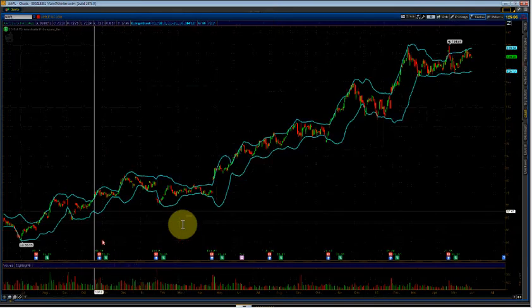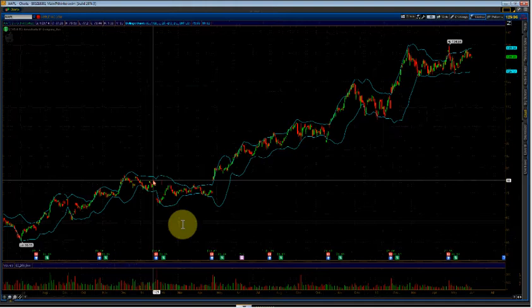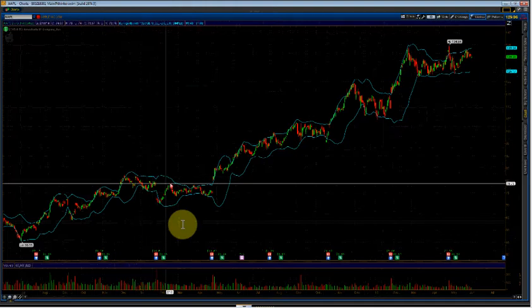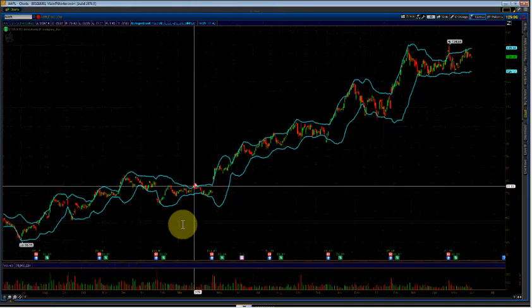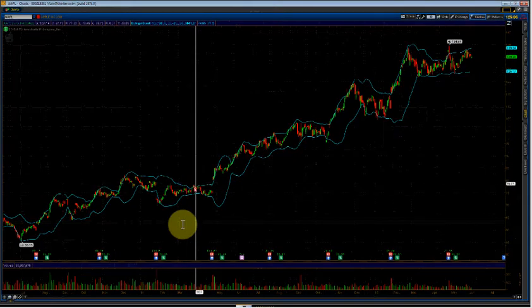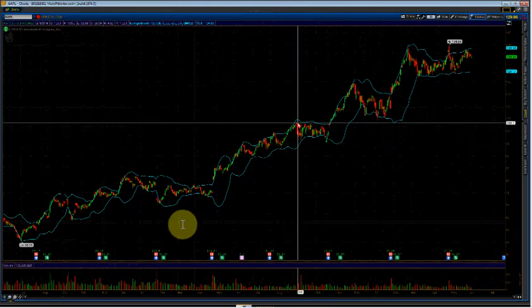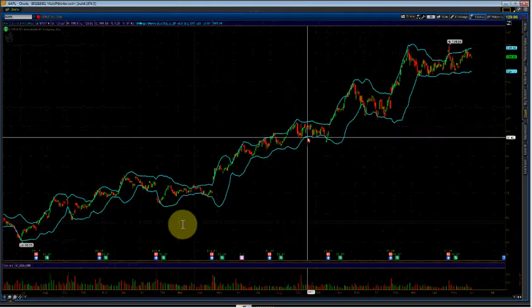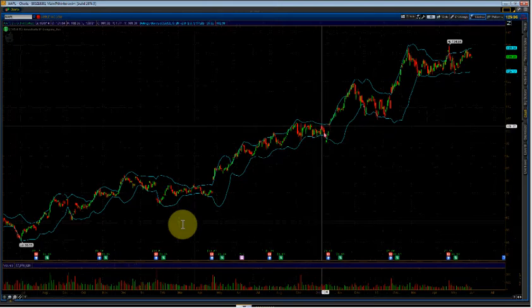I mean, let's look at this. Up moves here, even over here, fell short of it. An up move here before a down move fell short. This one did hit it. That fell short of the top. That fell short of the top. That fell short of the top.